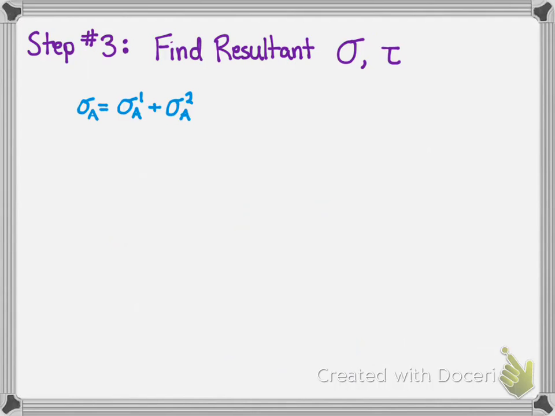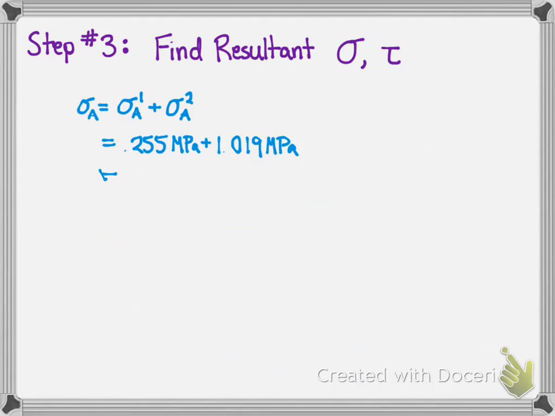You can't do this with every single property, but thankfully stress is one of the properties that you can do it with. So our first stress that was due to normal force was 0.255 megapascals, and our normal stress due to bending was 1.019 megapascals.